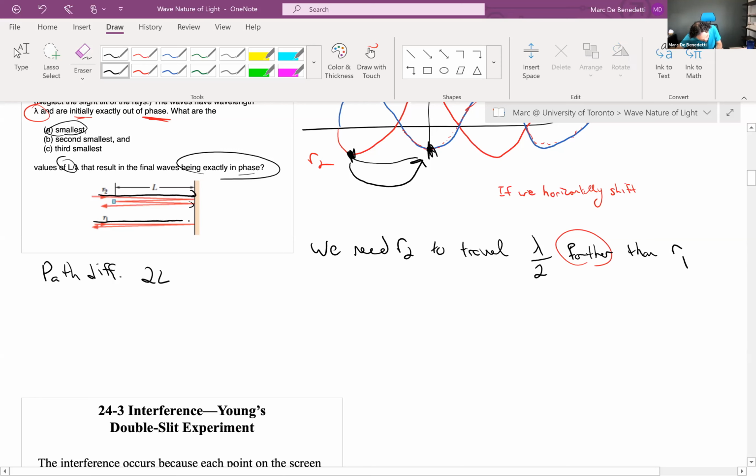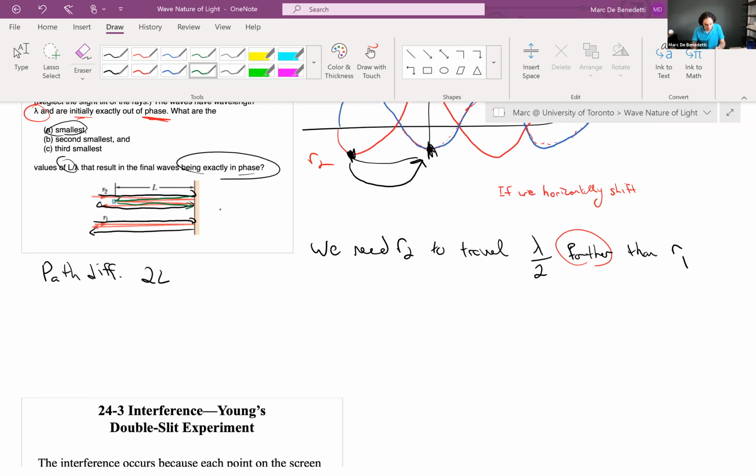Ray 1 travels this distance. Ray 2 eventually will travel backwards. Ray 1 will eventually travel backwards. But the thing that ray 2 does that ray 1 does not do is it travels to the mirror and then back again. So it travels L to the left and L to the right. That's 2L more than ray number 1.